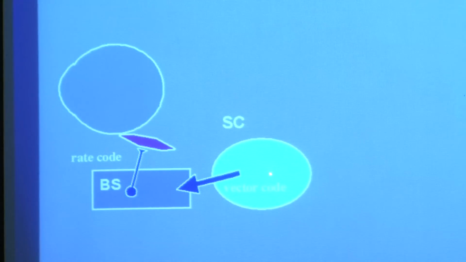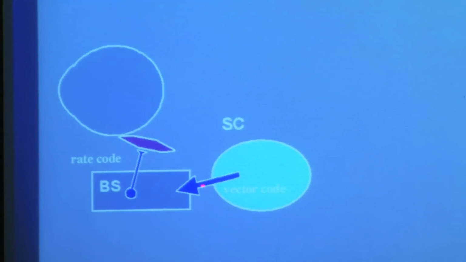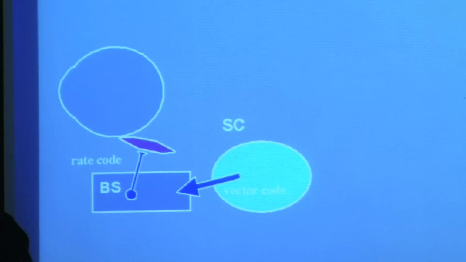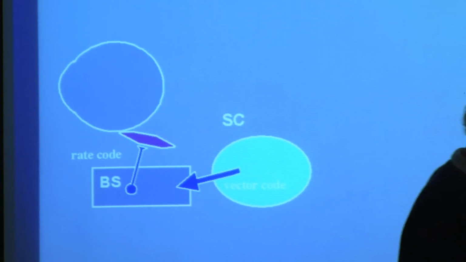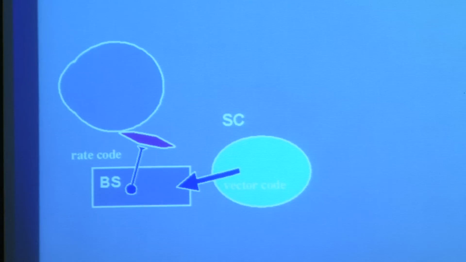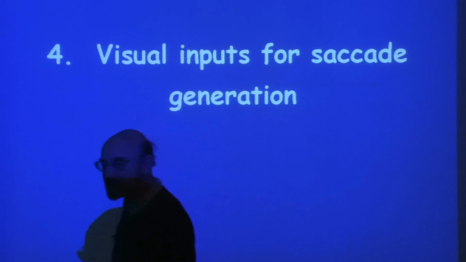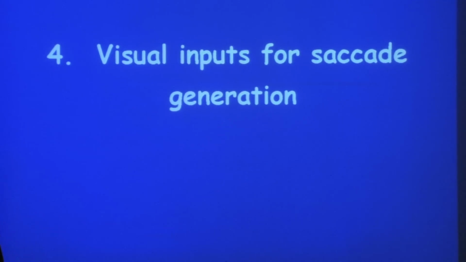And that says that the colliculus then sends a signal to the brain stem, some of it initially to the supranuclear complex, and then from there it sends a signal to the abducens or oculomotor or trochlear nuclei to generate the appropriate eye movements. Okay, so that then is the very basics of the operational characteristics of the superior colliculus.